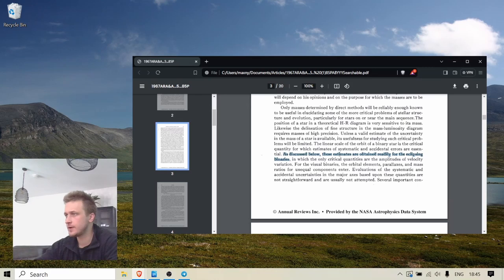So I don't know why the estimates are obtained readily for eclipsing binaries. The only critical quantity is the amplitude of the velocity variation. I'm not sure. I have a guess. For the visual binaries, the orbital elements, parallaxes, and mass ratios for unequal components enter.